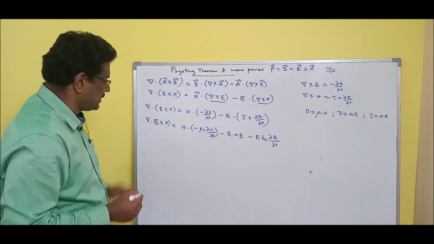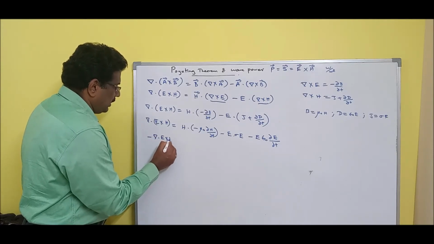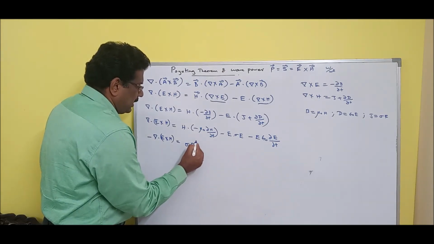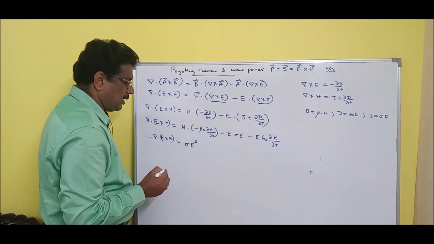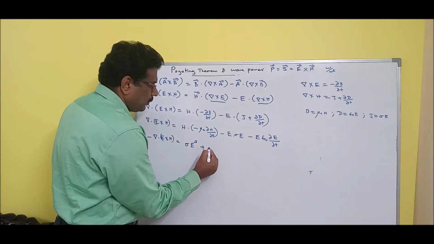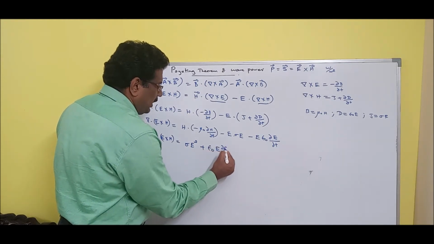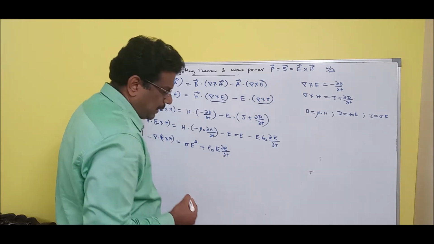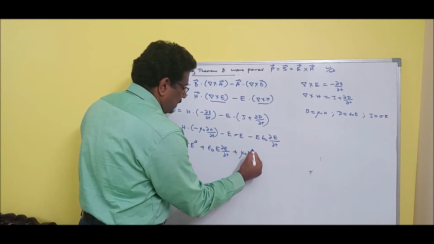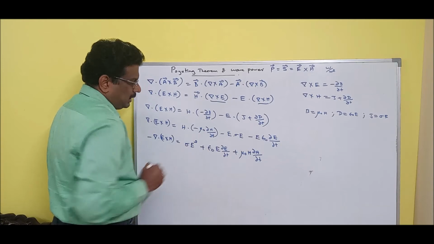If you take all the minus to this side, the result will be minus del dot E cross H equals sigma E square, this particular term, E dot E, nothing but E square, plus epsilon naught E dou E by dou T, plus mu naught H dou H by dou T. Okay, first term, second term, this is the third term.